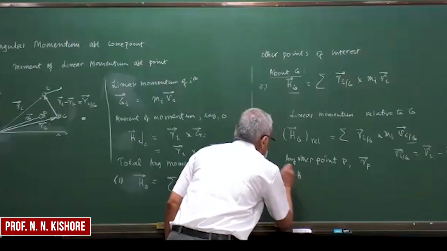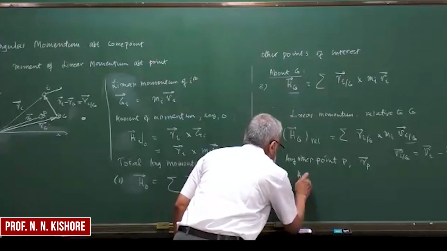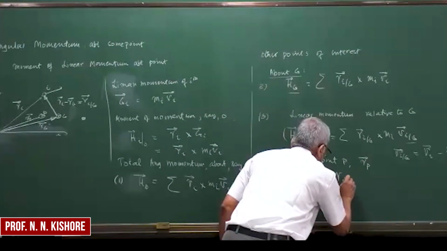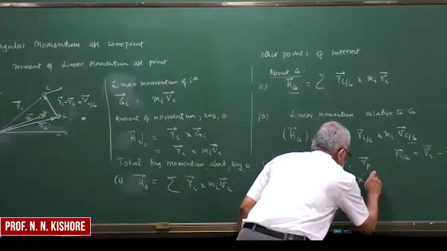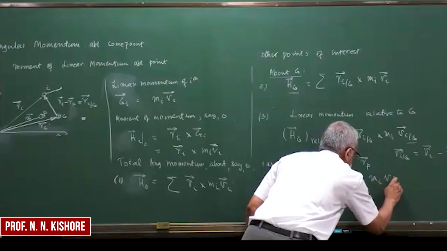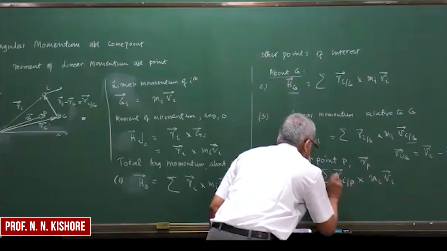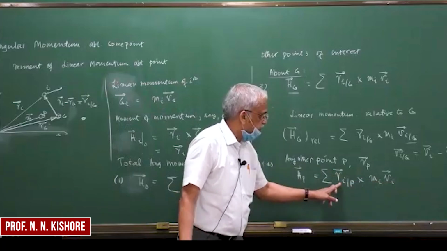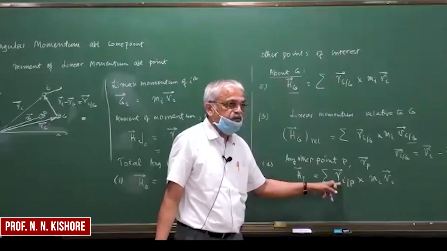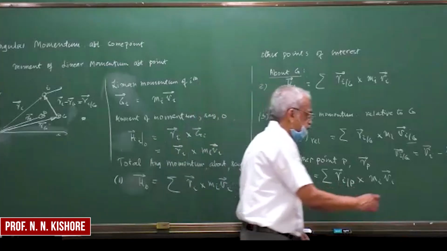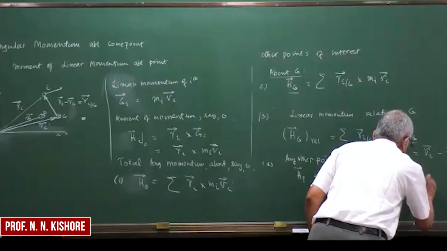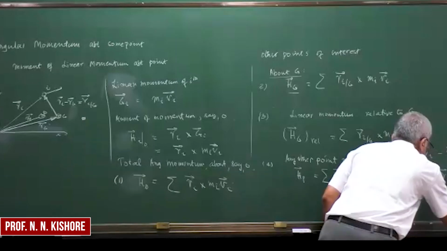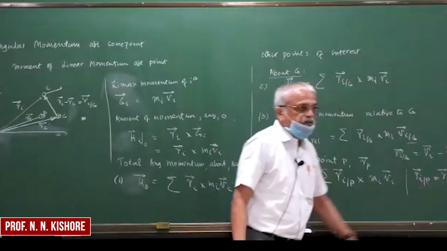So this is the fourth one, H_P, exactly like this. The only thing is that this is the absolute velocity, whereas the moment about which you are taking is with respect to P. So r_i/P here is nothing but the position of the ith particle with respect to P, right?